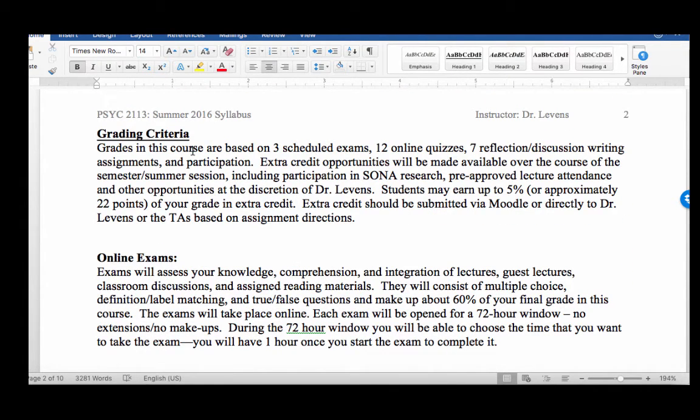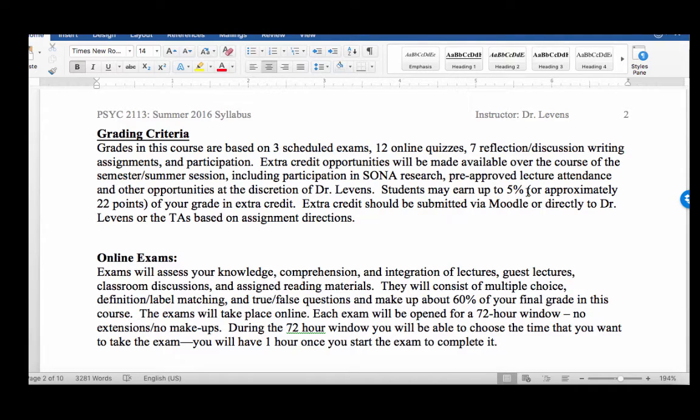Our grading criteria for this course is based upon 3 scheduled exams, 12 online quizzes, 7 writing reflections or discussion writing assignments, and participation. As I already mentioned and showed you in the section on Moodle, extra credit opportunities will be made available. Students may earn up to 5% or approximately 22 points in extra credit.